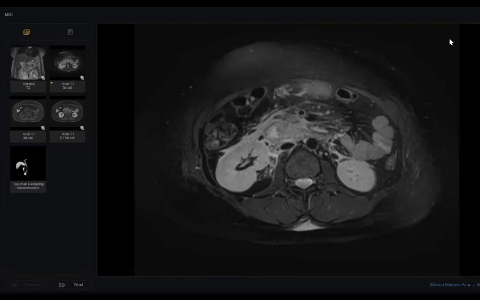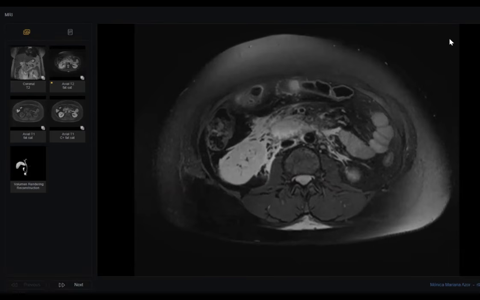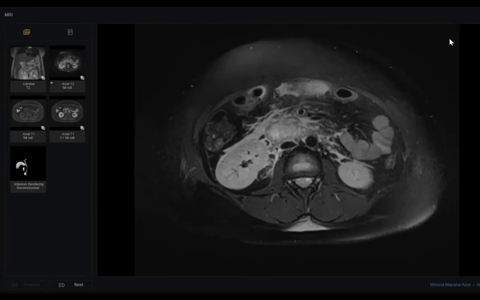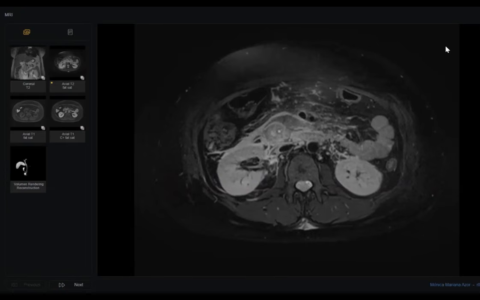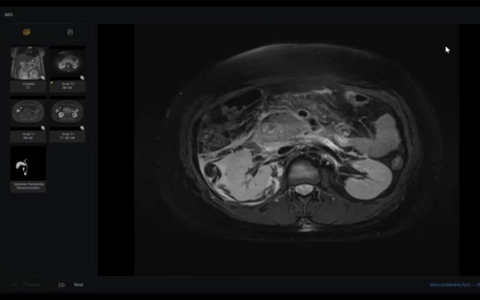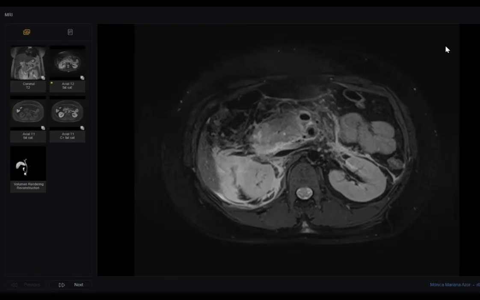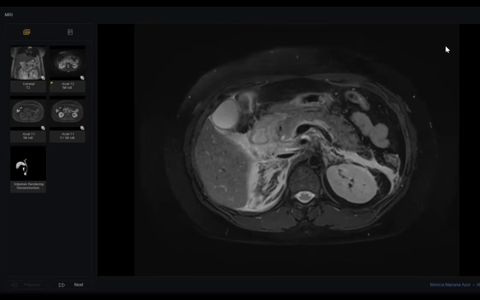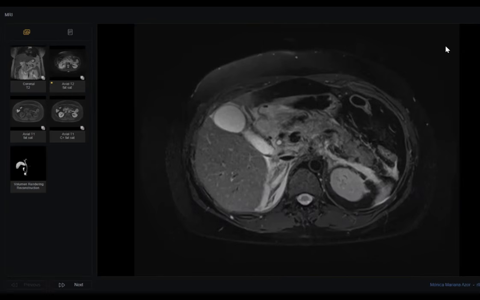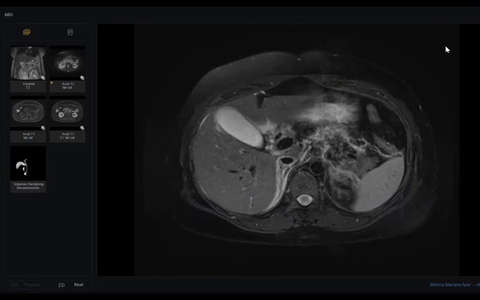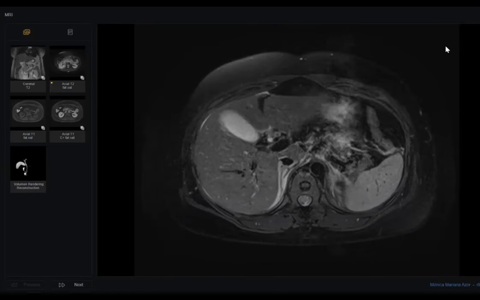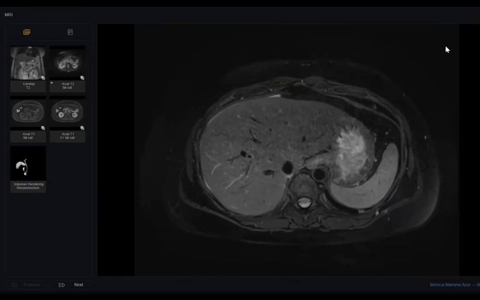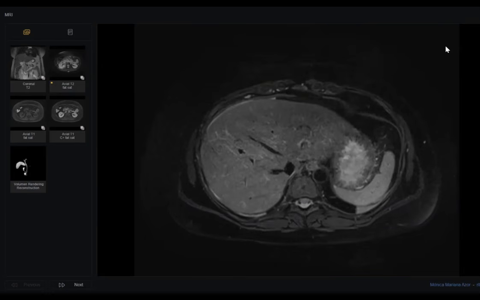Now I am looking for the cause of this fat stranding and peripancreatic fluid. The head of the pancreas appears swollen and heterogeneous to me. No intrahepatic biliary channel dilatation noted.